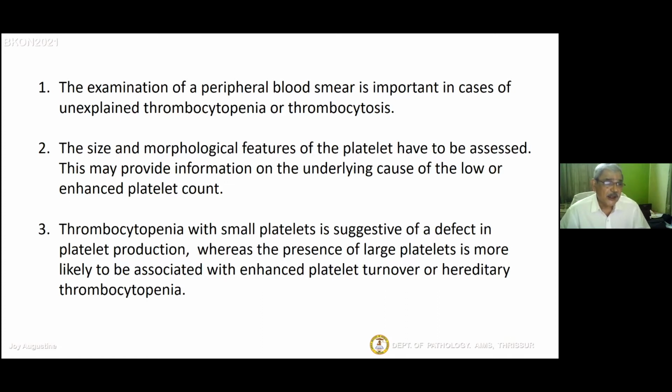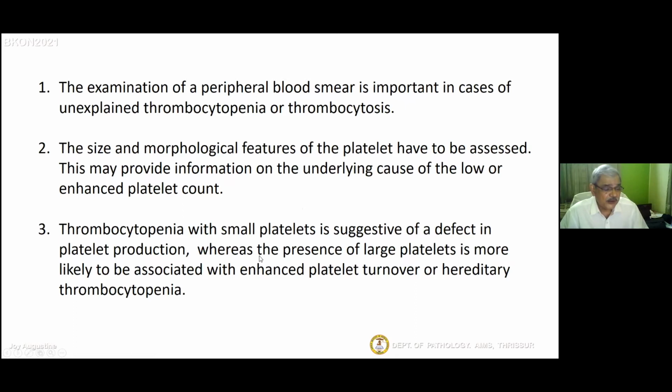However, certain conditions do require the examination of the peripheral smear, because sometimes the analyzer itself would give you a lot of information regarding the nature of the platelets, the count, etc. But to make it very, very accurate and useful, the blood smear should be examined, and this may provide a lot of information regarding the underlying cause of the low or the enhanced platelet count.